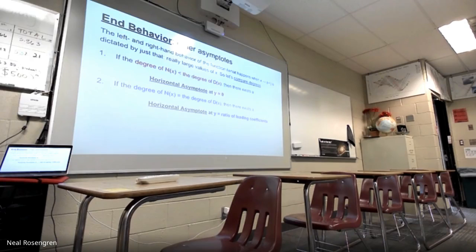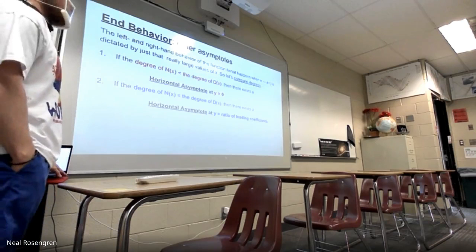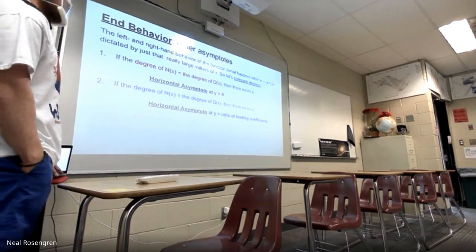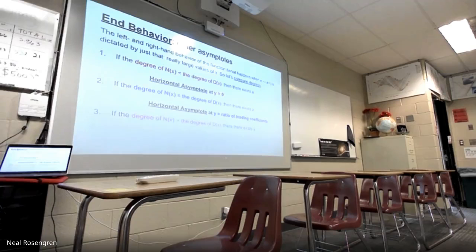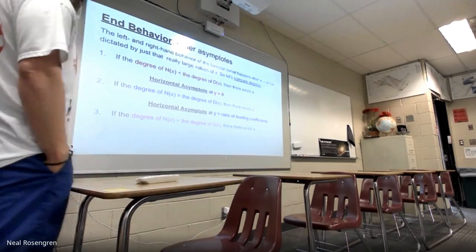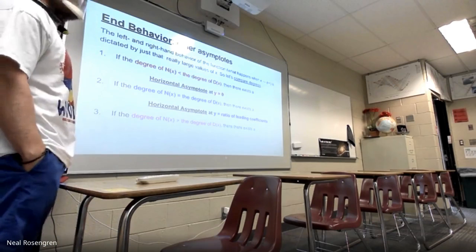Sorry about that. Okay, so if degrees are the same, it's always going to be the ratio of the leading coefficients, okay? And if the degree on top is larger, because that's the only other possibility, if you got this really big power of x, and the one on bottom could be 1 less than that, it could be 2 less than that, doesn't matter.